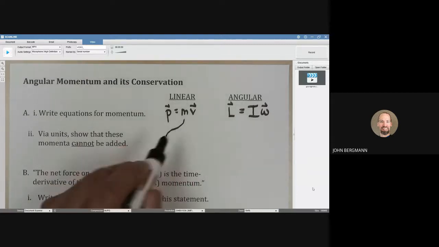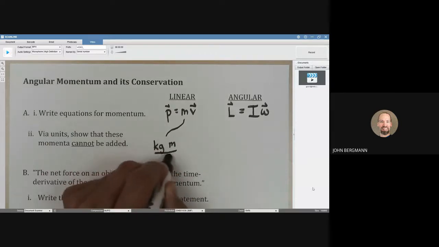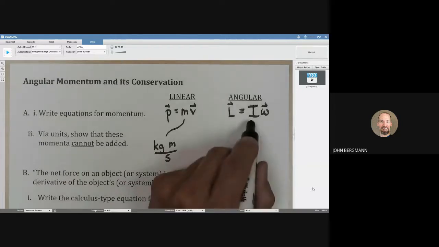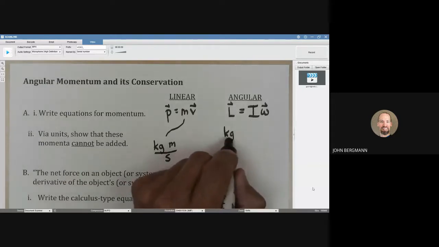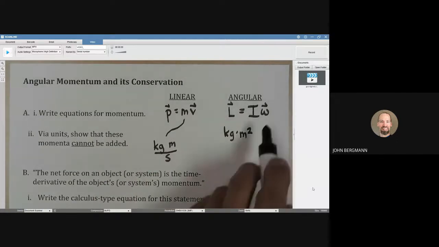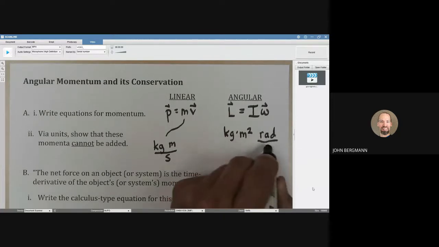So the units on the right side of this one will be kilogram meters per second. How about on this side? The unit for moment of inertia is kilogram meters squared. I don't know if you remember that. And then the unit for omega is radians per second.